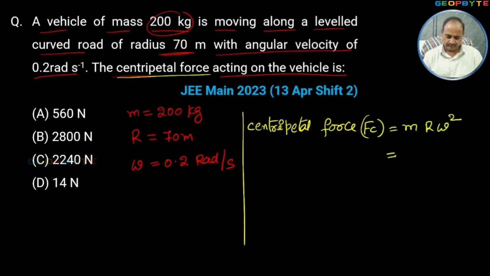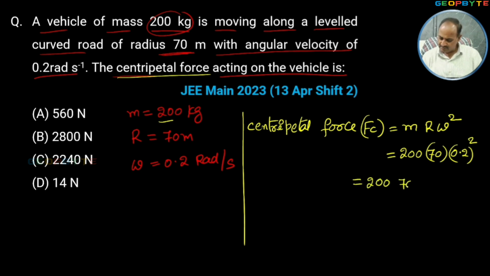Remember this. M is 200 kg, r value 70, omega 0.2 whole square. It can also be written as 200 into 70 into 0.2 square. I can write 0.2 into 0.2.